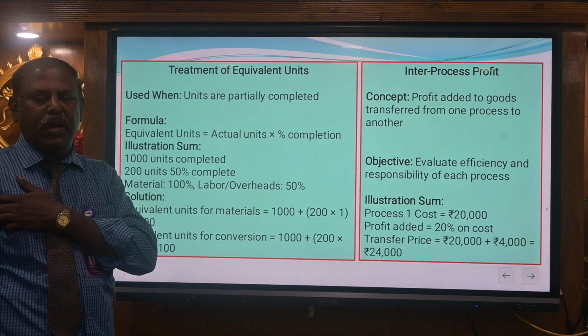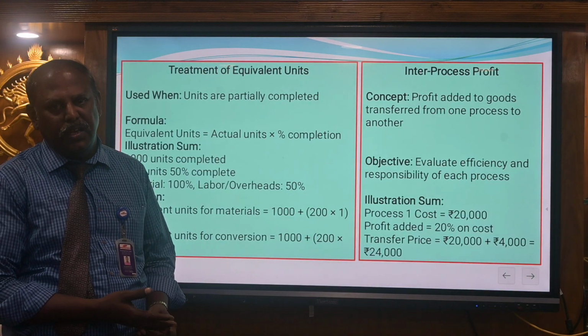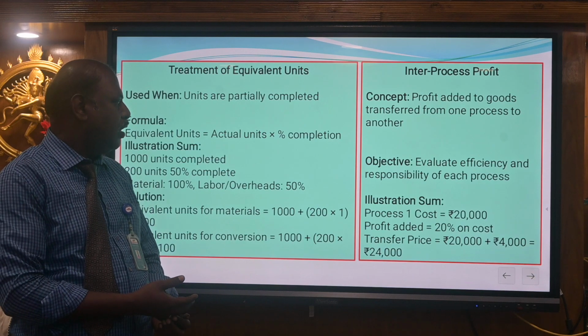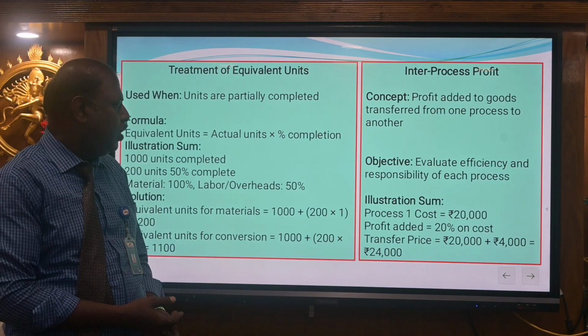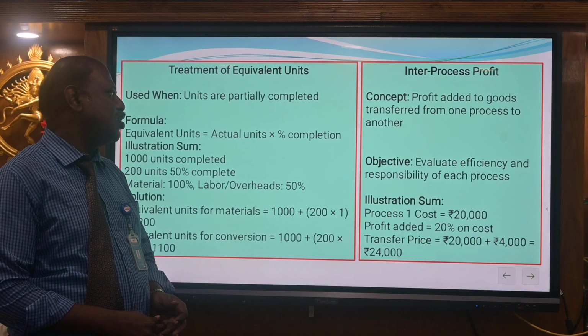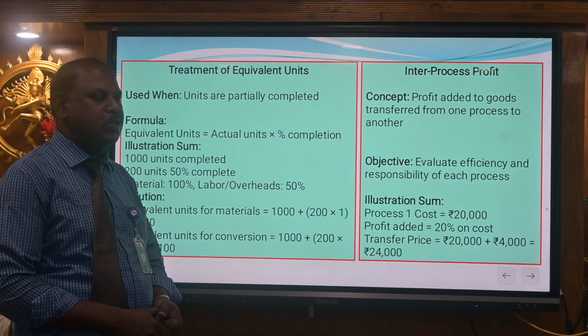Next one is inter-process profit. When companies manufacture some units, they transfer them to another process. When they transfer the product from one process to another, we can fix some percentage of amount as a profit. What is inter-process profit? Profit added to goods transferred from one process to another.